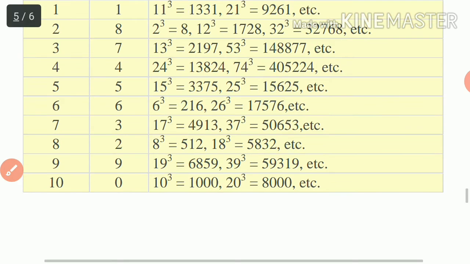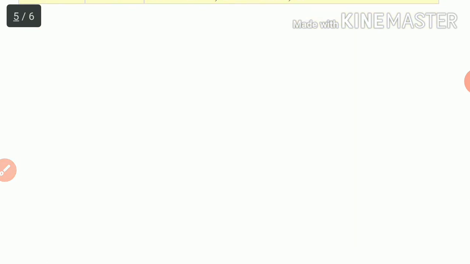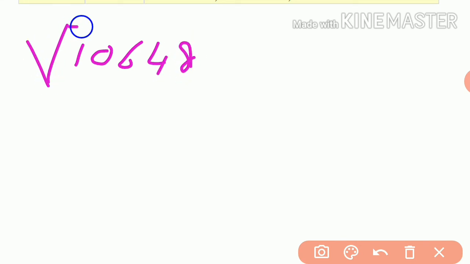Now let's start to find the cube root of a given number by the estimation method. Here is a number, suppose 10648. Find the cube root of this number using the estimation method.